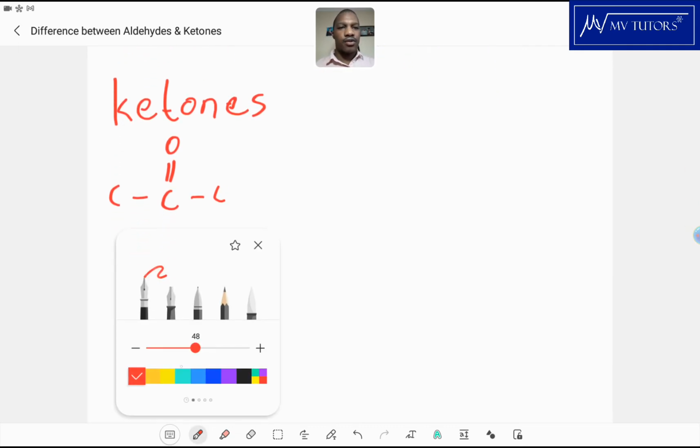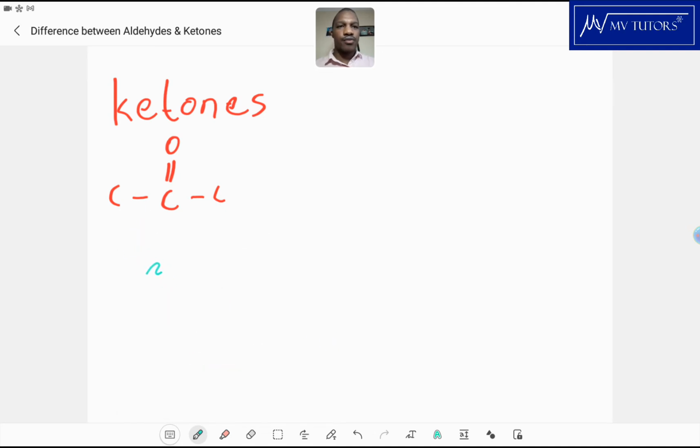Let's do an example. So, a structure with 1, 2, 3, and then we'll put our O over there. This side will have 1, 2, 3, 4, and we'll put our O over there. And then the rest are bonded to H's.